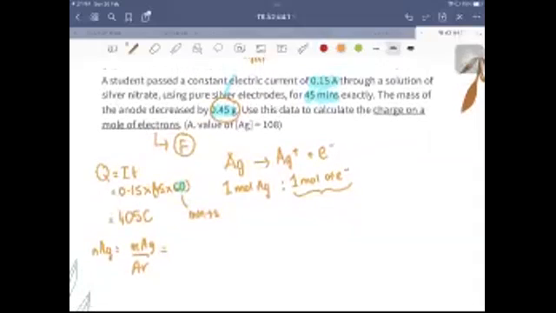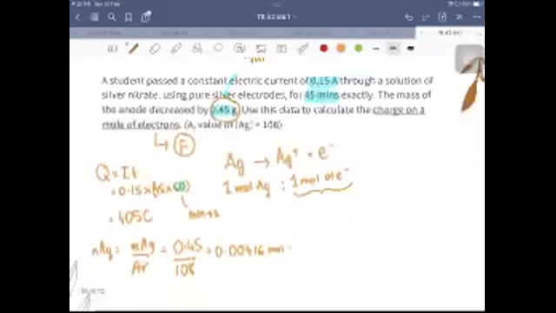Oh, they give you 108, but we'll use 108. 0.45 divided by 108 comes out as 0.00416 mole.